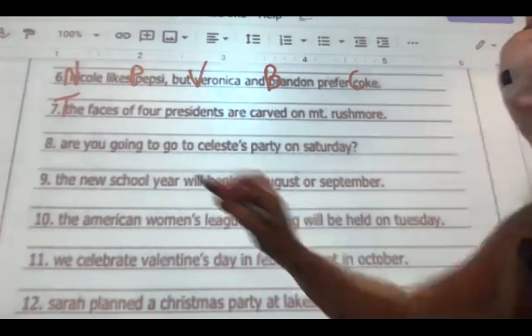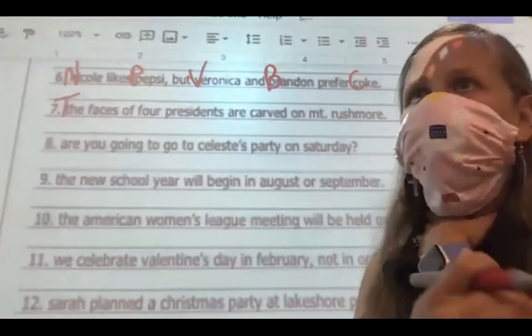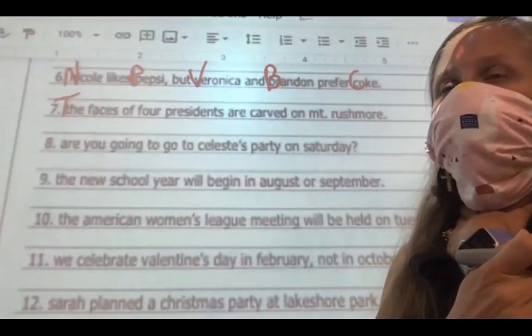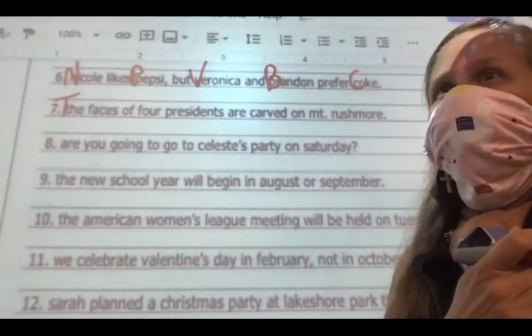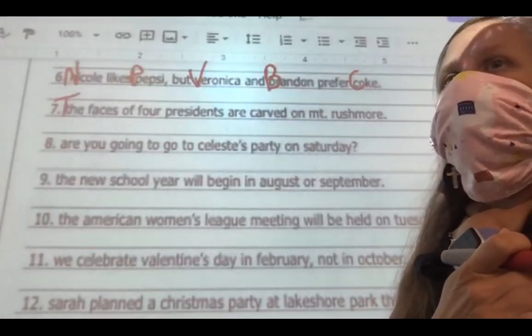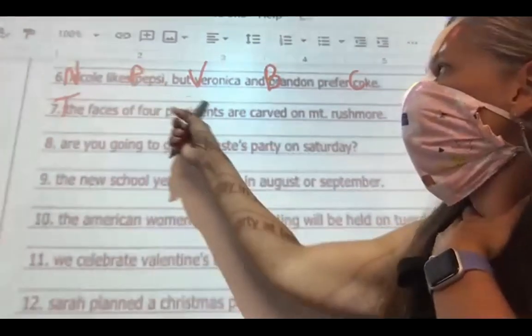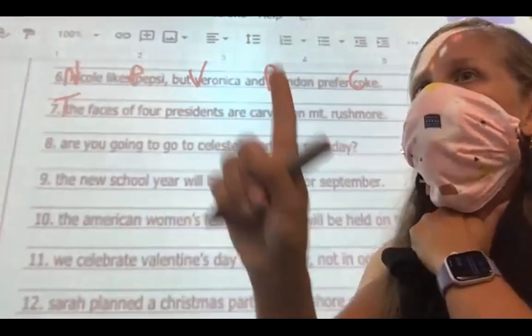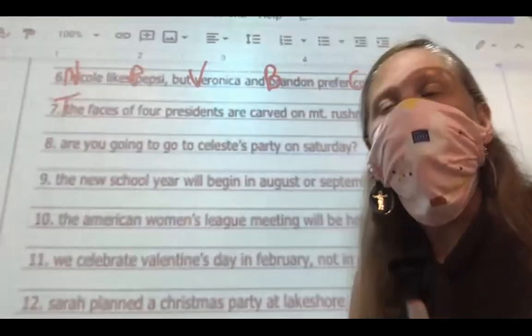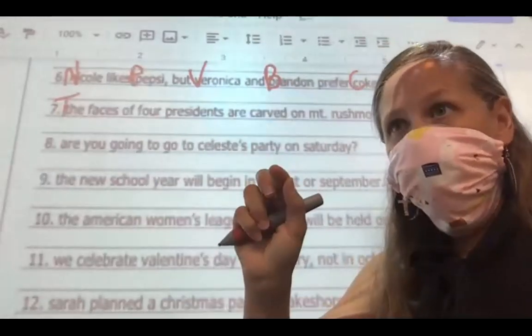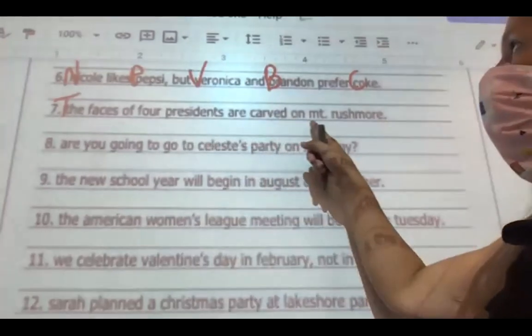Why is it? Why would we not capitalize presidents? It's a common noun. It's not specific. It says 4 presidents. It does not say one specific one. If it said President Trump, you would capitalize the P. Okay? Keep going.